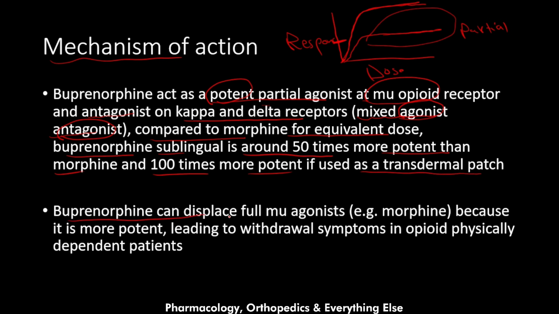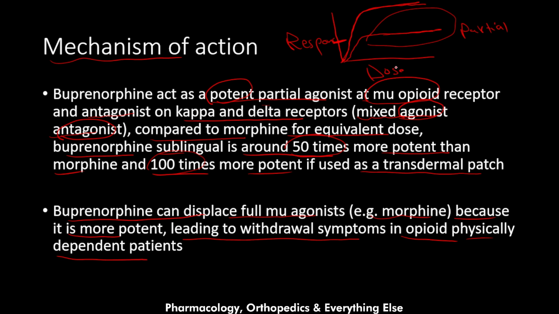Buprenorphine can displace full mu agonists like morphine because it is more potent. It is 50 times more potent if used sublingually and 100 times if used in a transdermal patch, leading to withdrawal symptoms in opioid physically dependent patients.